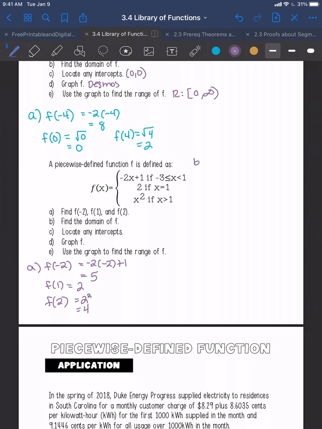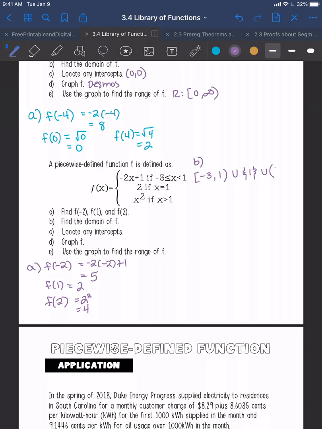Okay, finding the domain, the same thing. We're going to have to use the union of the 3 different domains. So our first one ranges from negative 3 to positive 1. 1 is not included. In union with the second domain, which is just the set containing the number 1. In union with our third domain here for x squared if x is greater than 1.